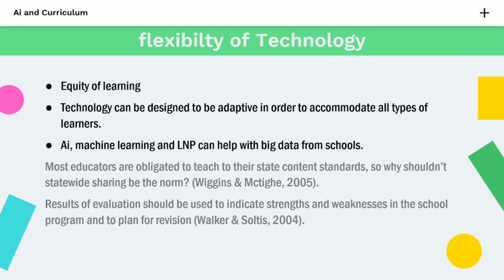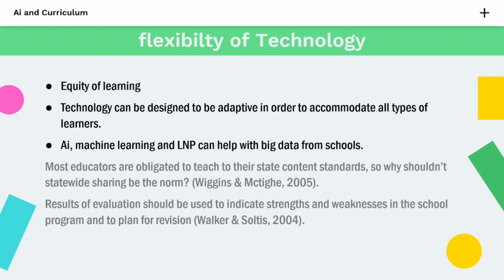With equity of learning and technology being adaptive to all types of learners, we can take advantage of machine learning and natural language processing (NLP) to help us with big school data. Wiggins and McTighe said, why shouldn't we have statewide sharing?